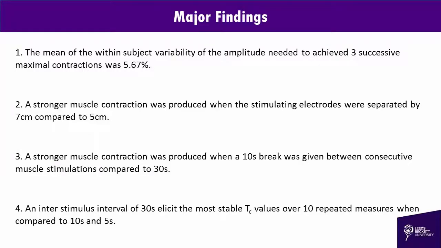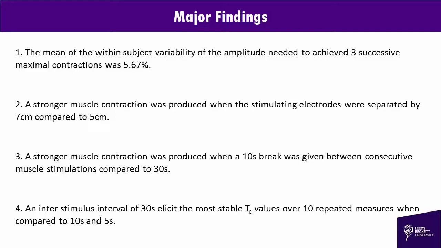So the major findings from this research are that the mean of the within subject variability for the amplitude required to get to that maximum contraction 3 times within 1 hour, which is a usual experimental time in our research, is 5.67%. We are getting a stronger muscle contraction when we use 7 centimetres distance between the electrodes compared to 5 centimetres.